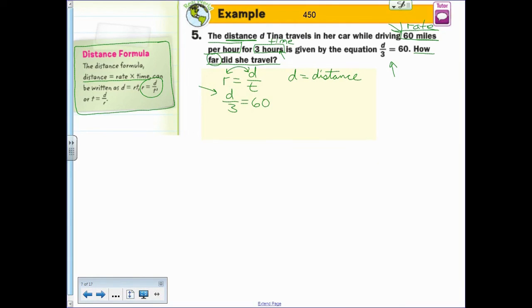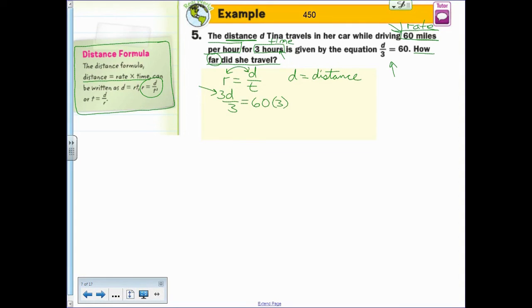So let's go ahead and solve this problem. We see D divided by 3 equals 60. What will we do to get rid of dividing by 3? We need to multiply by 3, and we need to do that on both sides.